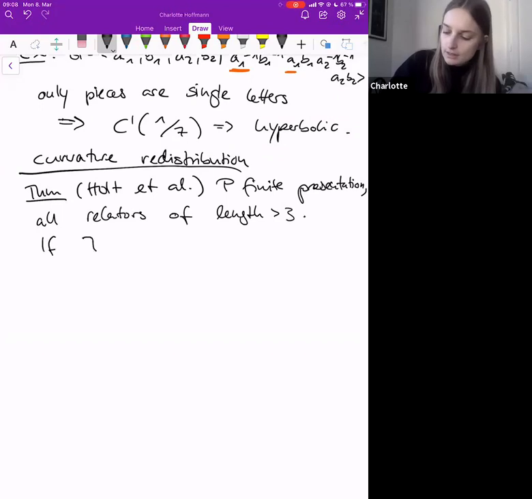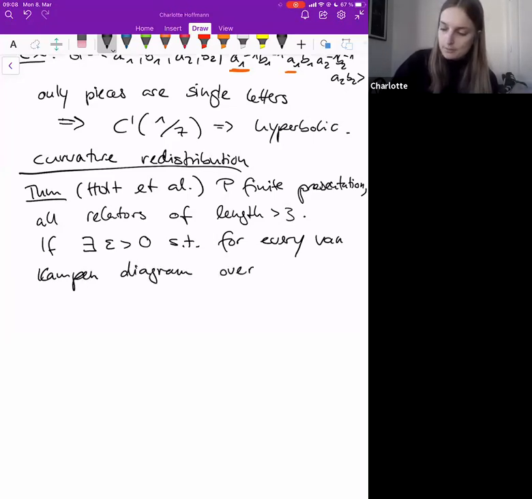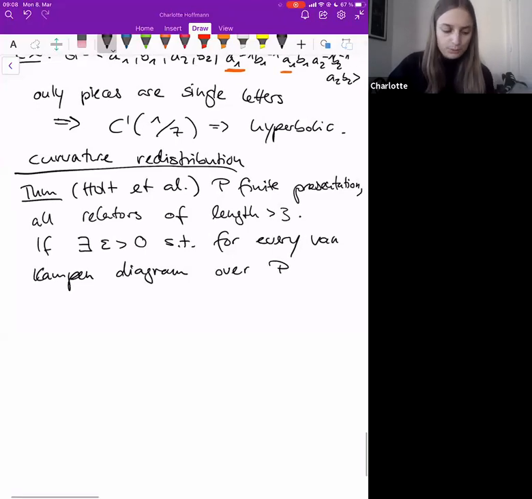And then if there exists some epsilon such that for every Van Kampen diagram over P, we do the following.